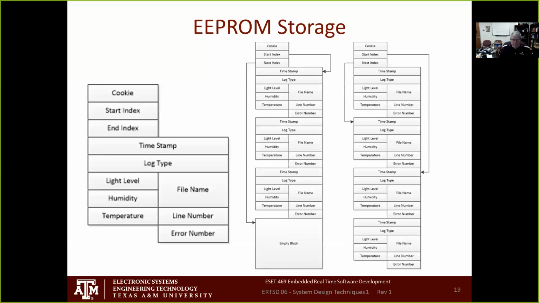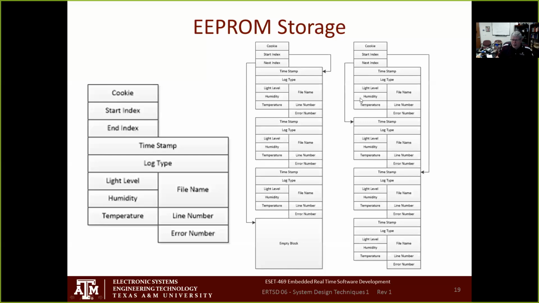When I start off, it's just going to point to the first record. Then I'm going to have this next index pointing to the next empty record in the EEPROM.